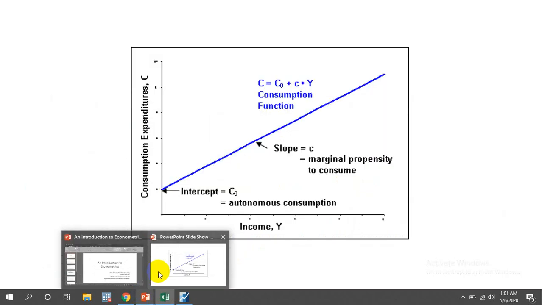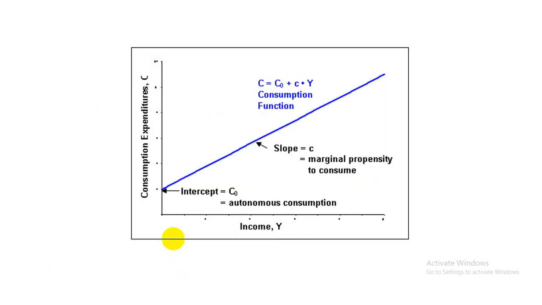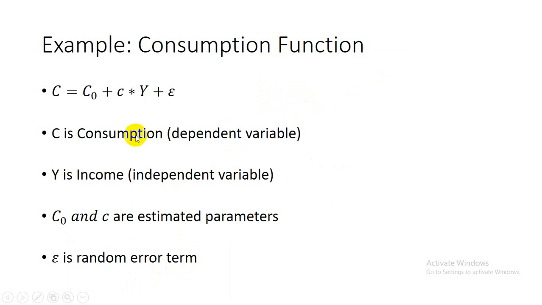And second, the most important thing I want to explain is what the difference is between an economist and an econometrician. It is epsilon. The epsilon is the difference between economist and econometrician. Economists just say that consumption is a function of income, and they just regress consumption on income.